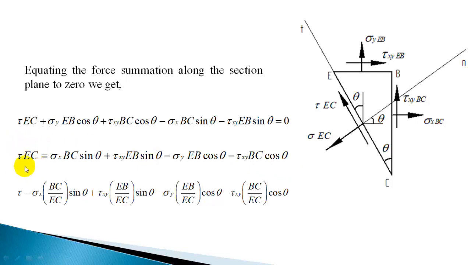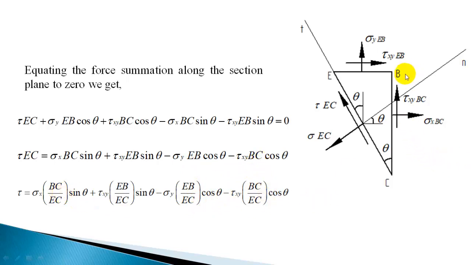Now I'll divide the entire equation by EC. You get sigma x into BC by EC sin theta plus tau xy EB by EC sin theta minus sigma y EB by EC cos theta minus tau xy BC by EC cos theta.